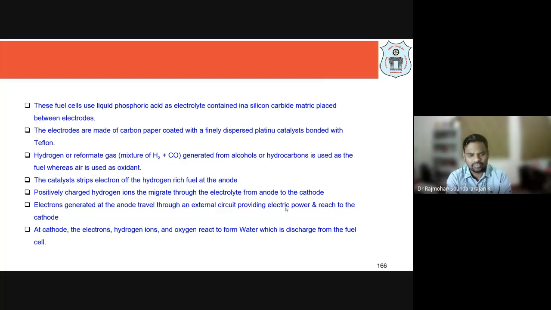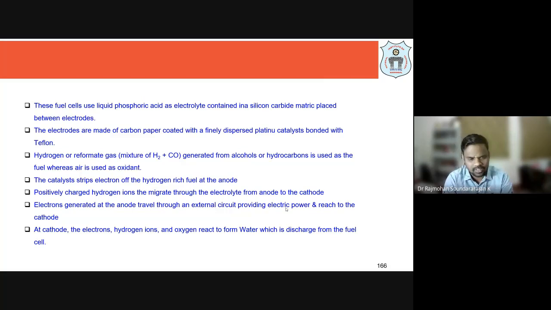We have seen this in the video also. The positively charged hydrogen ions migrate through the electrolyte from the anode side to the cathode side, and the electrons generated at the anode travel through an external circuit providing the electric power and reach the cathode. Remember, it generates only DC power, so whenever you use this type of power unit, a DC to AC converter needs to be there.